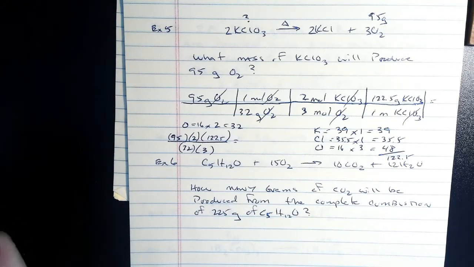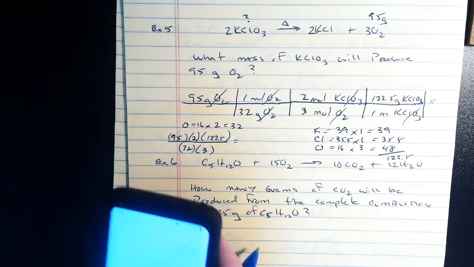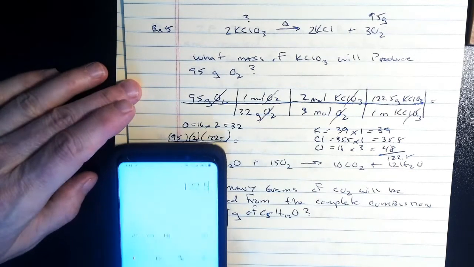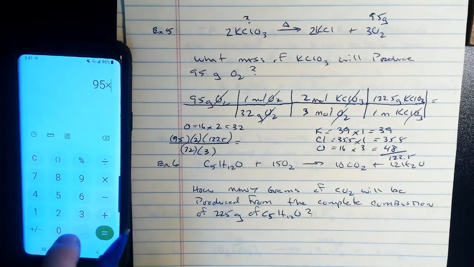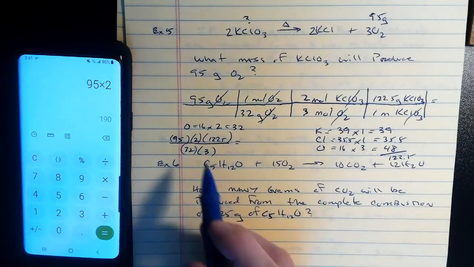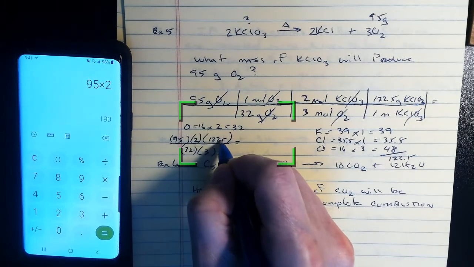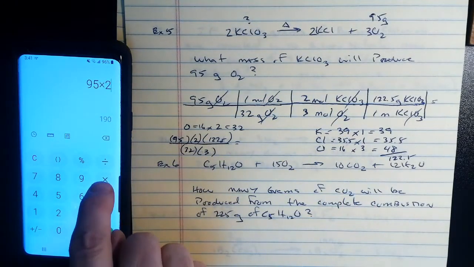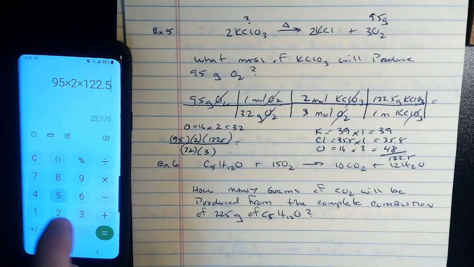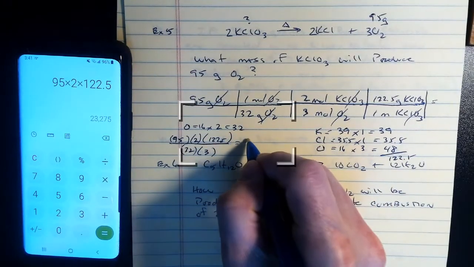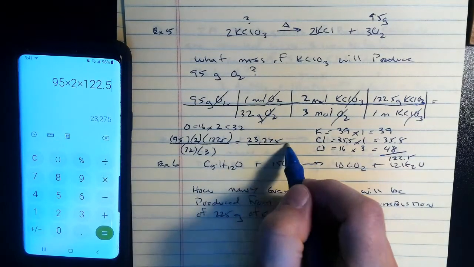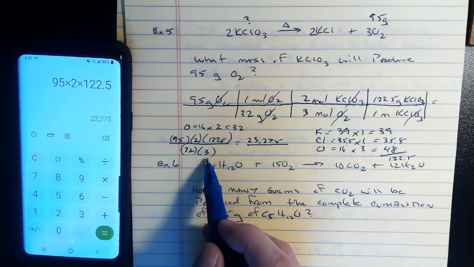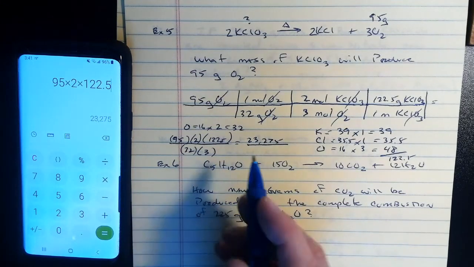Okay, so let me bring my calculator over here again. So what we'll do is, here we go, 95 times 2 is 190 times 122.5, and so I'm just going to pull this over, 23,275. And then you could do 32 times 3. So 30 times 3 is 90. That's going to be 96 right there.